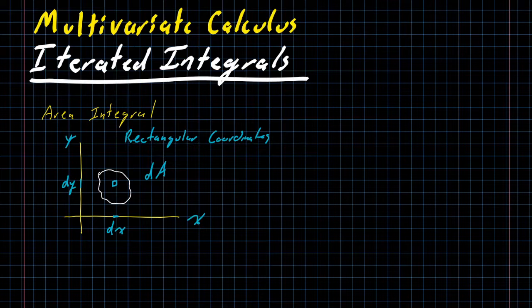So it has a length that I can call dx, and it has a height that I can call dy. And to calculate the area of a rectangle, you multiply length times width. dA is dy times dx.